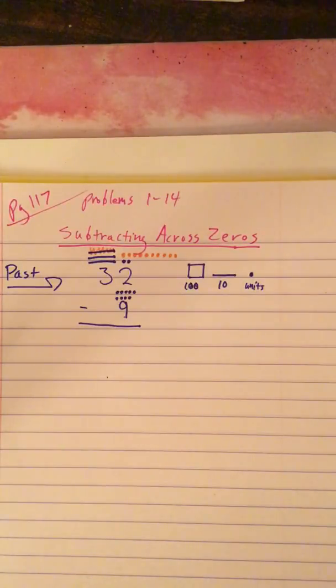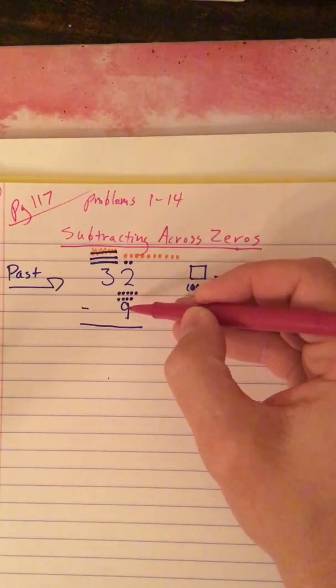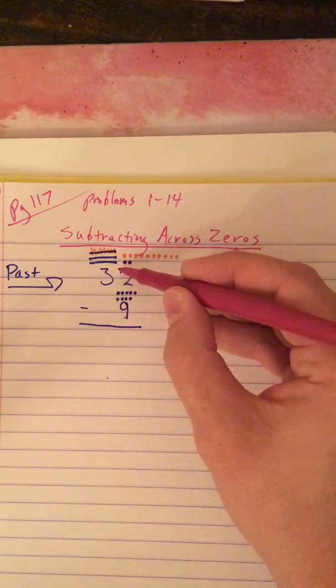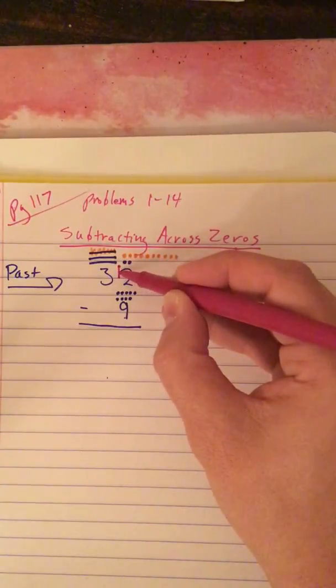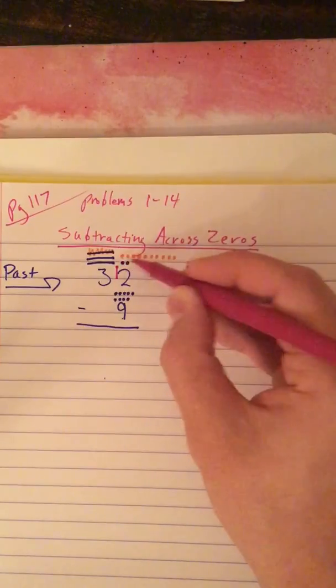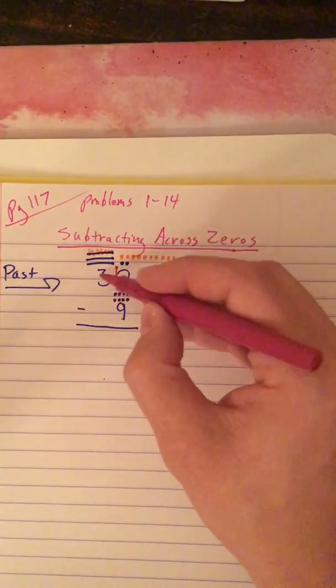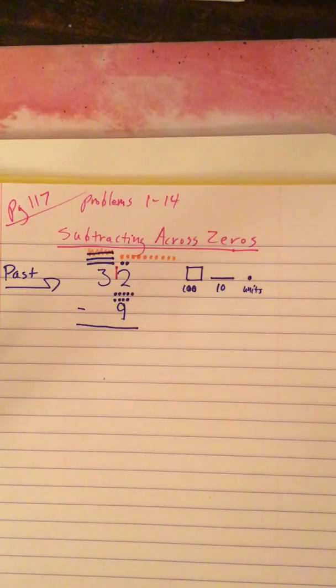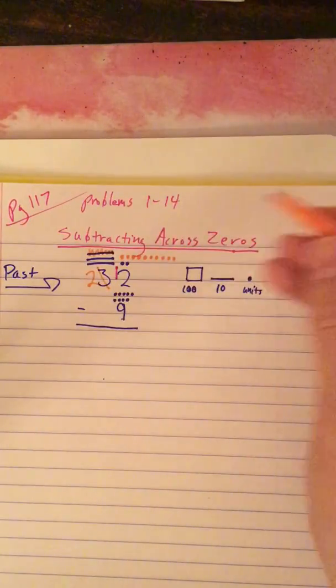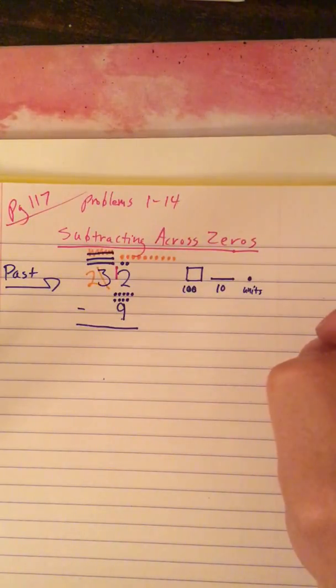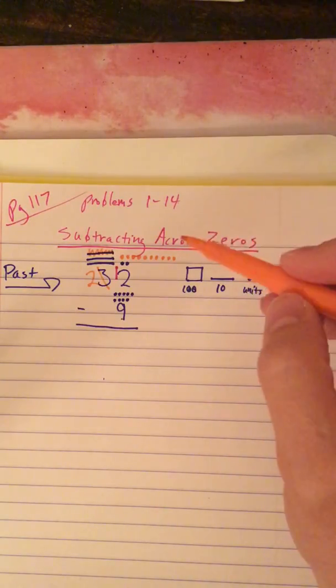Now when I'm doing my math, I'll go ahead and put the 1 here. The 1 is actually a 10. Remember, I borrowed a set of 10 from over here, which means I can cross out the 3 and make a 2.